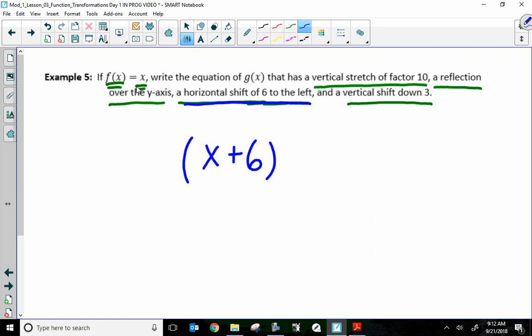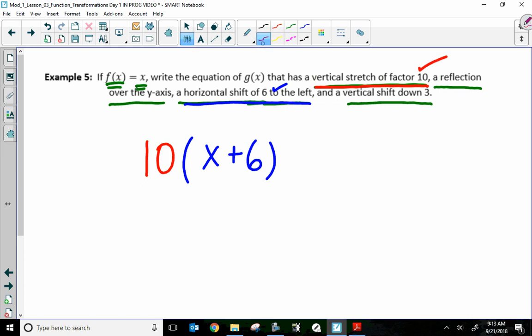Next, I did this in blue, I do any vertical stretches and reflections next. Vertical stretch of a factor of 10. That means I know I'm multiplying this by 10.